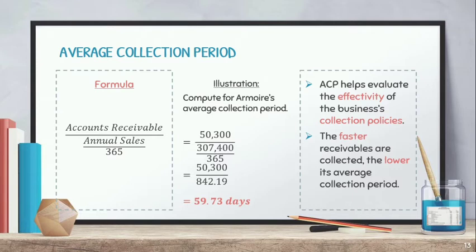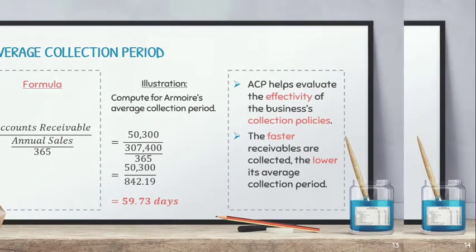So we can use this to evaluate kung unsa ka-effective ang atong collection policies, nganong kanang maka-assess bitaw ta nganong dugay man ta og 9.73 days. So depende ra ang ACP interpretation sa atong giset nga standard for our ACP, or like I said, pwede po siya nato i-compare sa ACP sa ubang company.